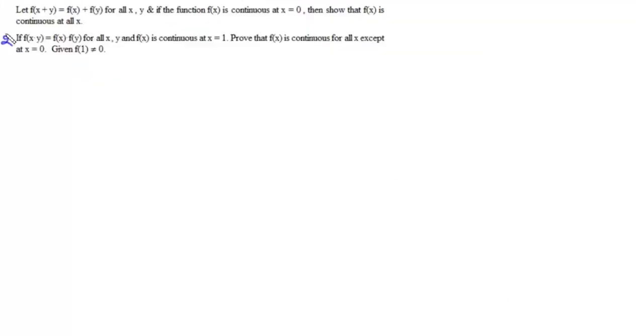Now we'll solve this second question, which is: if f of x into y is fx into fy for all x, y and fx is continuous at 1, then prove that fx is continuous for all x except x equals 0. And we are given that f1 is unequal to 0.